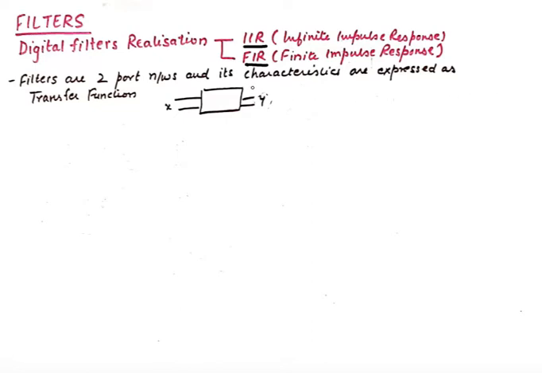Filters are two-port networks and they are characterized by their transfer function. By that I mean that if this box is a filter and we give it an input x and we get a certain output y, then the ratio of y upon x, output upon input, preferably in z domain, will be the transfer function of the filter.